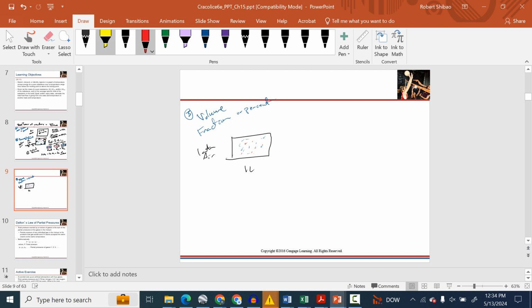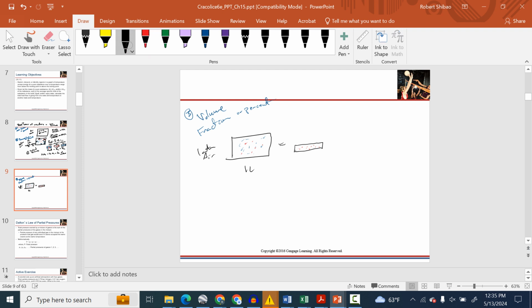And then we're going to remove that oxygen, but we're not going to keep the volume the same. We're going to reduce the volume such that the pressure doesn't change. That is, I get the same number of collisions total against the walls. So we're going to compress the oxygen into a smaller box.